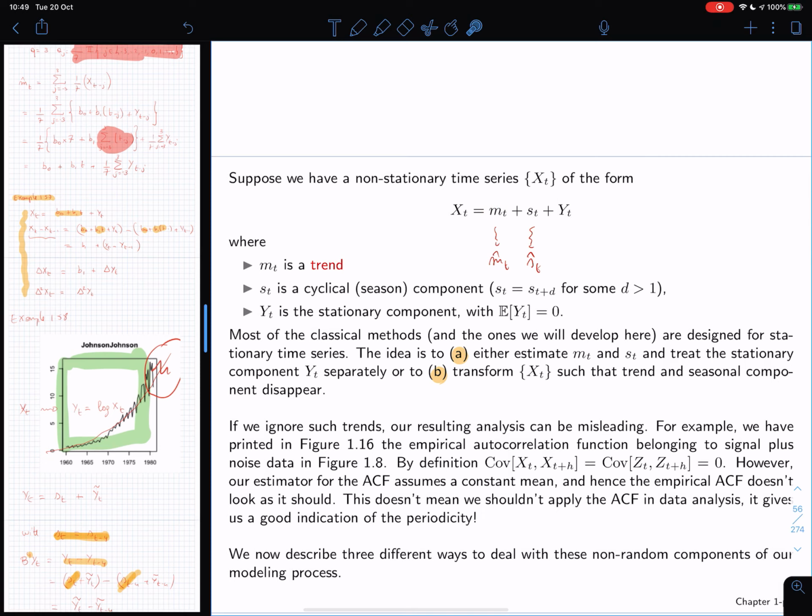You get an estimate M_t hat, you get an estimate S_t hat, and then you get your data, let's say Y hat, by taking X_t, and you subtract your estimated trend and your estimated seasonal component, and in principle, if you've done your estimation correctly, this should leave you with only the stationary part.